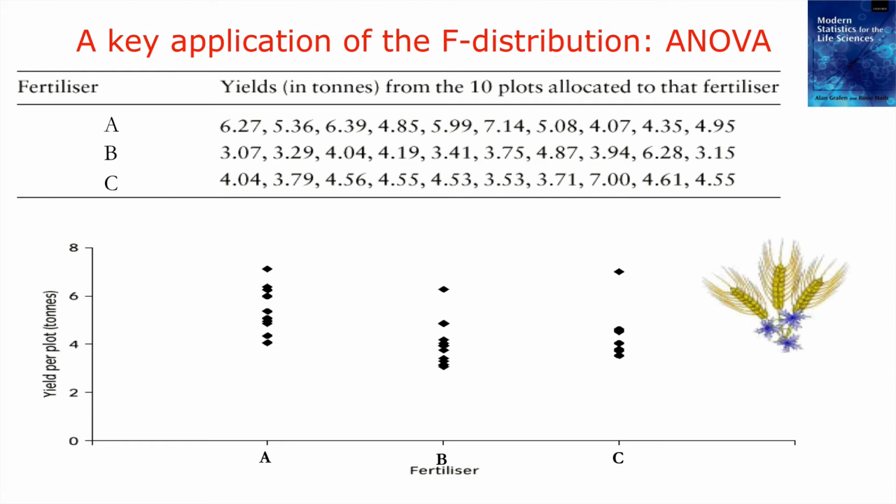How can we do this? Well, what we do in our mind's eye is look at the variability between the fertilizers in terms of the variability between the sample means, and then somehow take into account the variability within each of these groups.